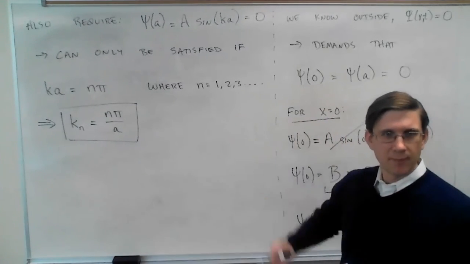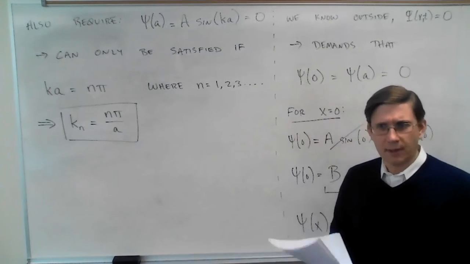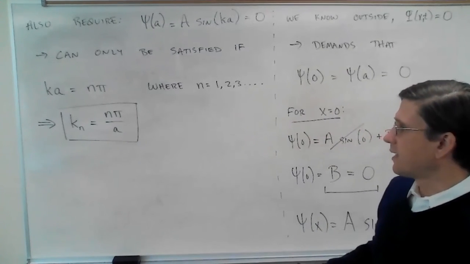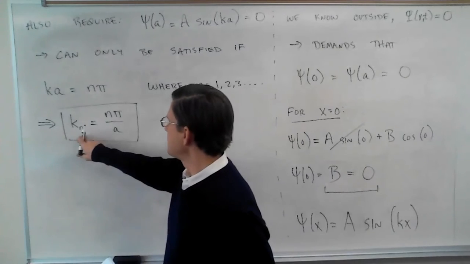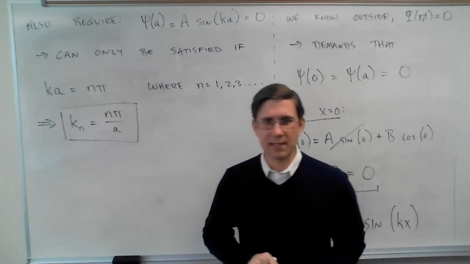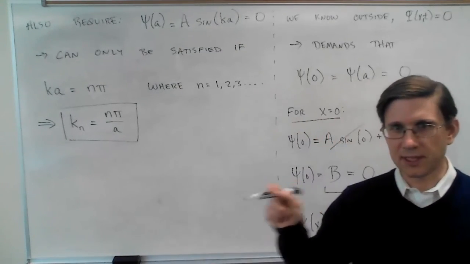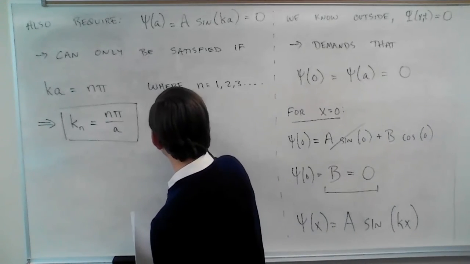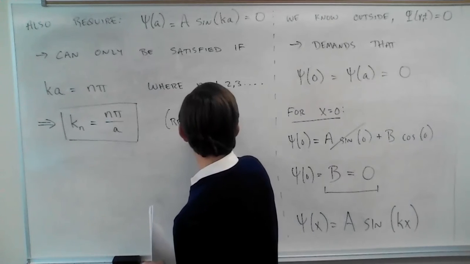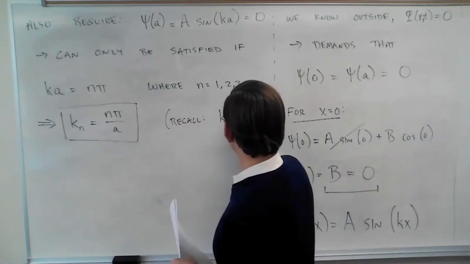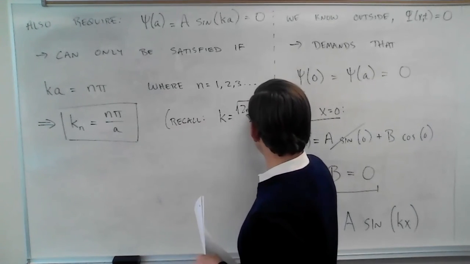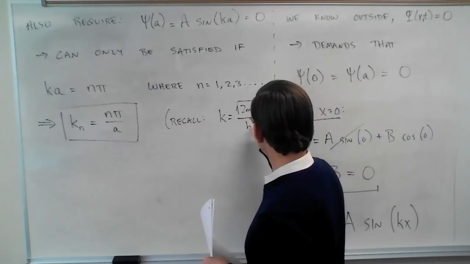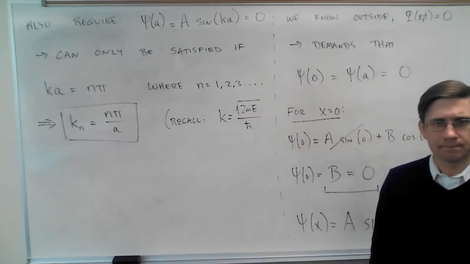All right, and that's kind of a remarkable statement. What we're saying here is that this value of k, which remember can trace back to the energy that this particle can have inside of the well, right? So I'll remind you or ask you to recall that k is square root of 2 times m times E over h bar.